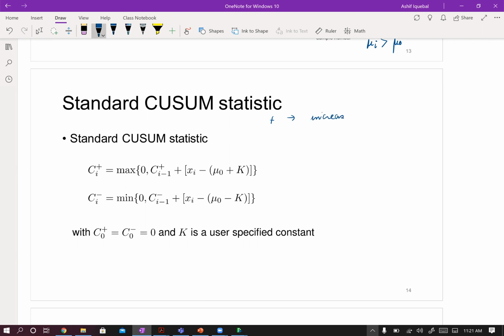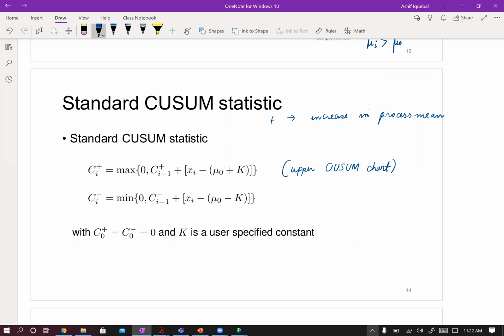If there is an increase in the process mean, we will use Ci plus, and that is equal to the maximum of 0 and Ci minus 1 plus Xi minus mu naught plus K. This is also called the upper CUSUM chart. This is when there's an increase in the process mean.